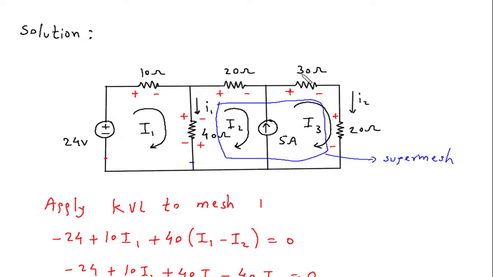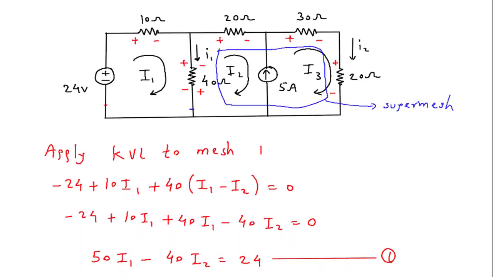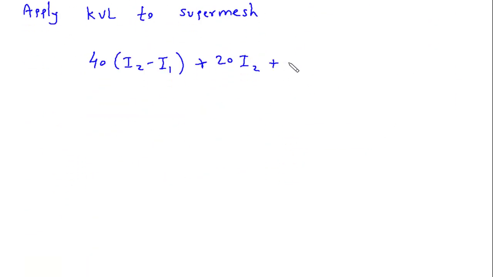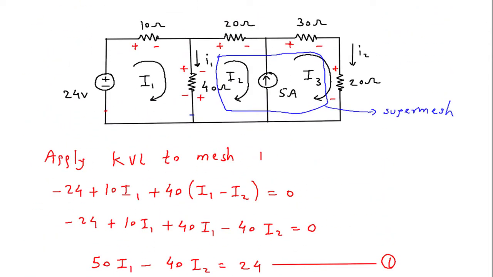This will be directly 30 plus 20, so 50 I3, is equal to 0.